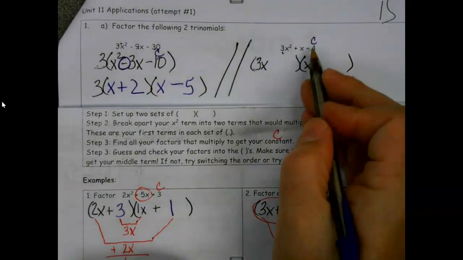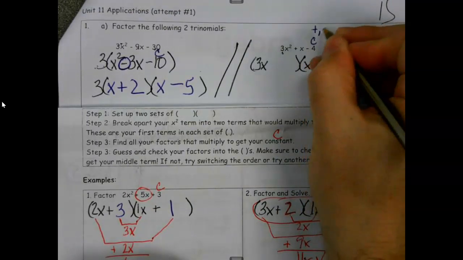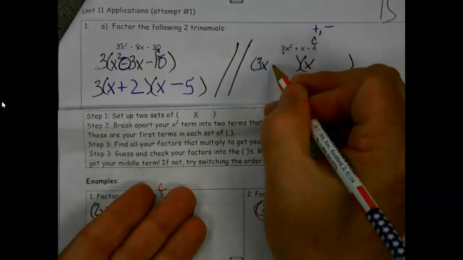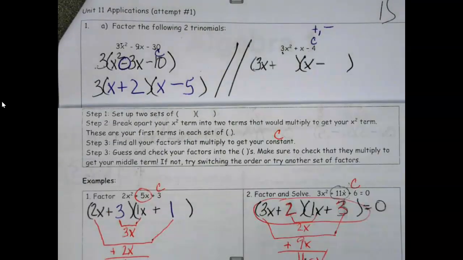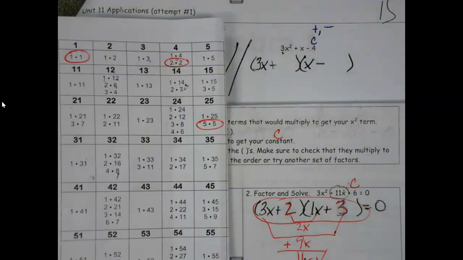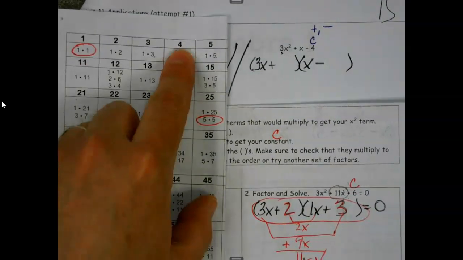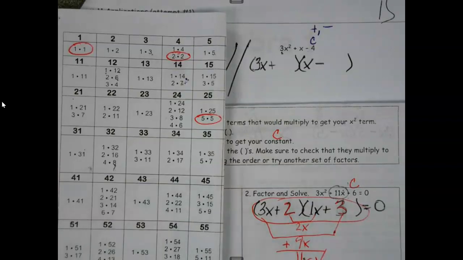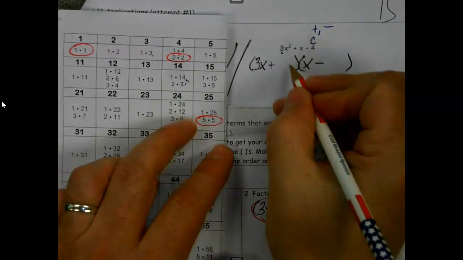My C value being negative tells me it's going to be one of each sign. You remember the one where we tried every single combination before we found one that worked? Here's where we go again. So plus and minus. And we're dealing with 4, so it's got to be one of these pairs. Which pair? Oh, it's 4 goes first, and then 1.